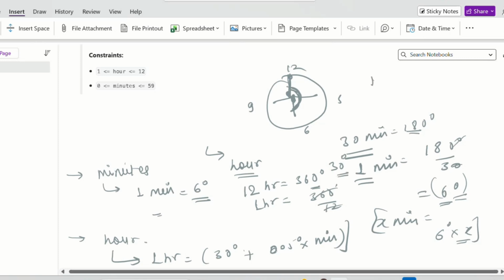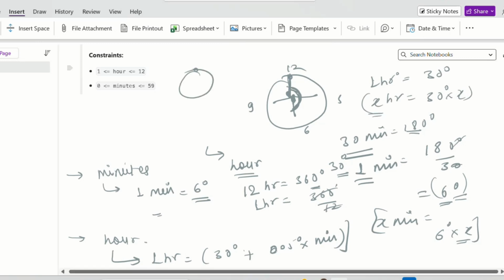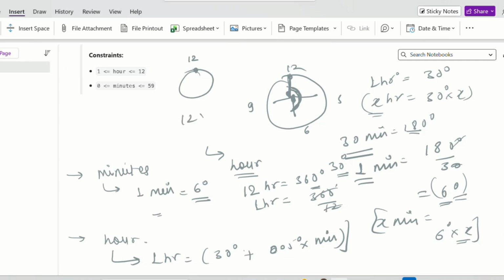So for 1 hour, my angle will be 30 degrees, and for x hours, it will be 30 degrees into x. This is for the hour. But suppose it is 12 o'clock, and if it becomes 12:30, the hour is the same only, but based on the minute, my hour hand angle will change somewhere between 0 and 1.